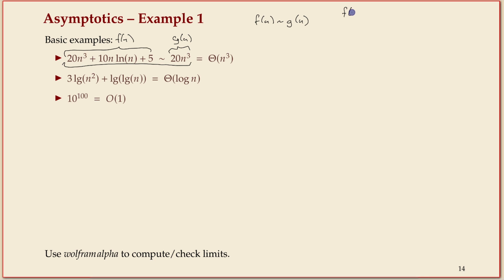What you should check is that the limit of the two functions should converge to 1 when n goes to infinity. So how can we check that? The long form of this would be that. Now I'll insert f and g again: 20n cubed, 10 ln n plus 5.